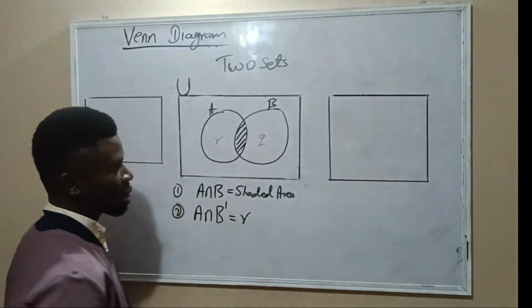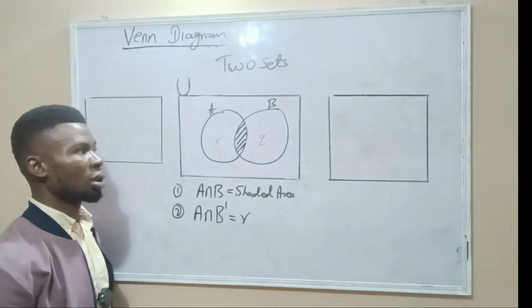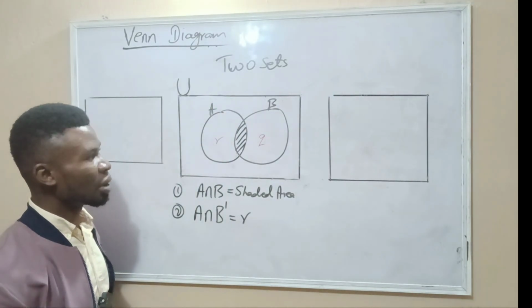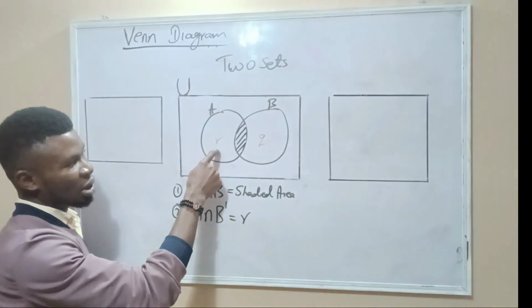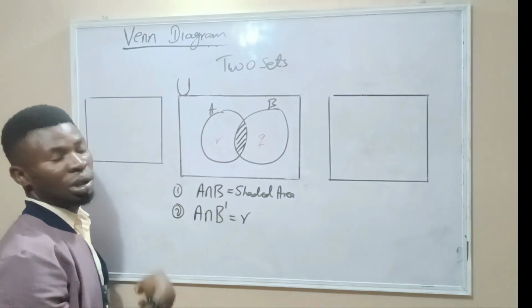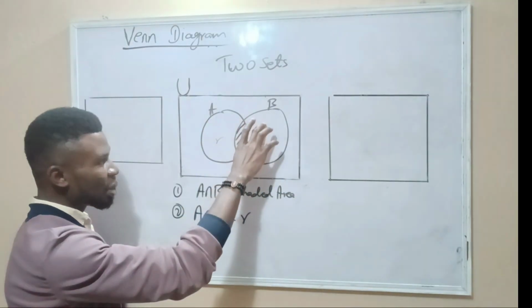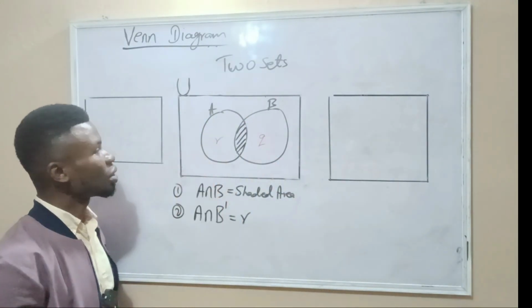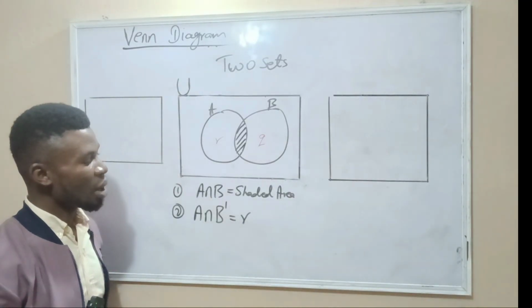A is the whole of this, but then B prime is something that is not in B, which is the whole of this portion. So the intersection of A, the whole of A, and B prime, what is not in B, is this R. So if you want to get this R alone, it is A intersection B prime.